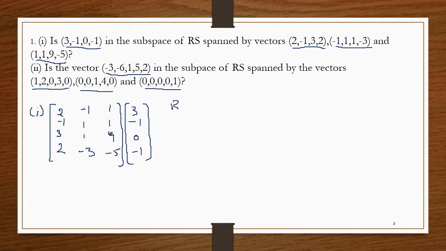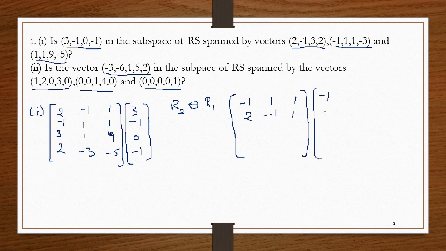First we'll interchange the second row with the first row. So what we get is -1 1 1 -1, 2 -1 1 3, then 3 1 9 0, 2 -3 -5 -1.